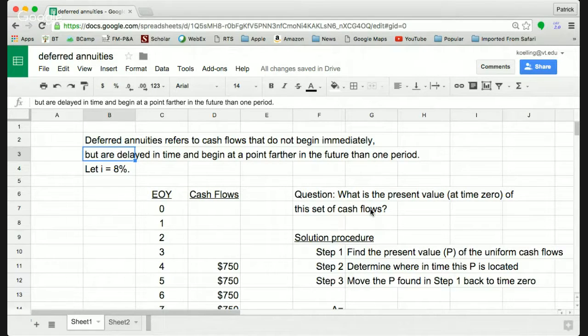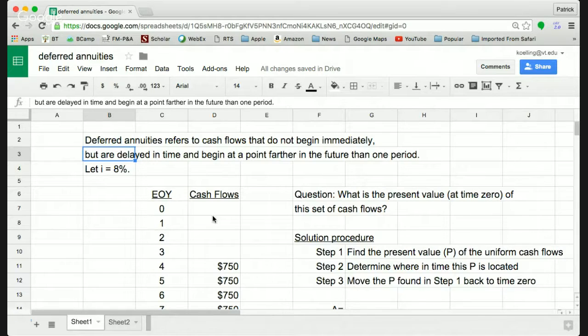However, we will discover today that a present value can be just about any place, and as I mentioned in a previous video, these cash flows are all relative. So present is relative to future cash flows, and the future is relative to present cash flows.